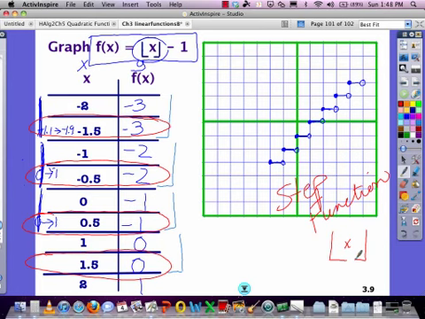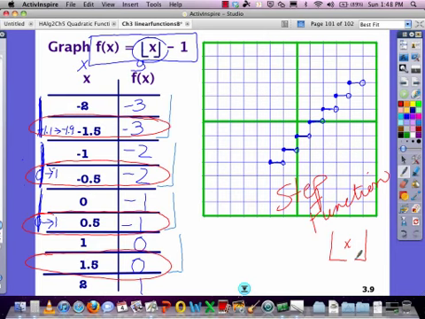Now, out in the real world, where would step functions really occur? A lot of them take place in places where you can have a range of things happening. Like if you've ever gone and mailed a package, you might have anything between 2 to 3 pounds gets this cost. Each pound you go up has a common price. Same thing when you mail a letter or a smaller package.